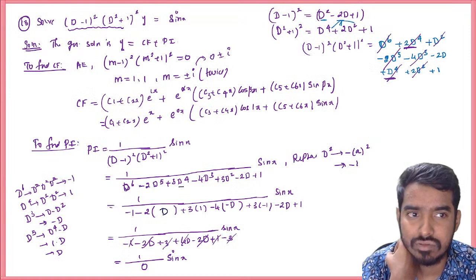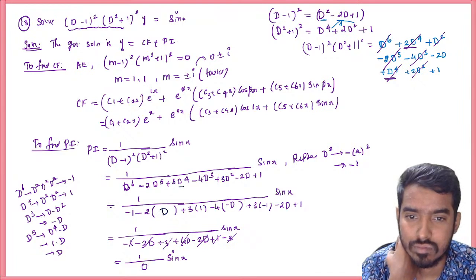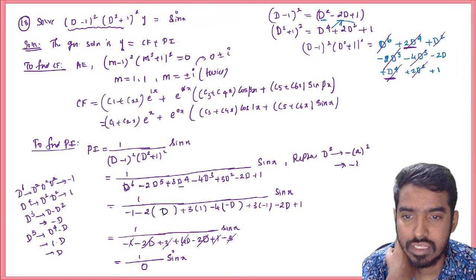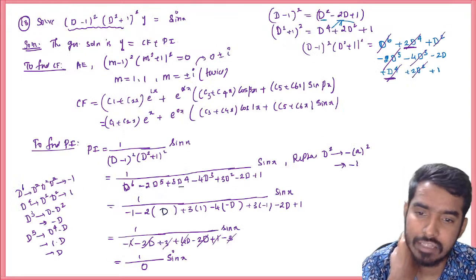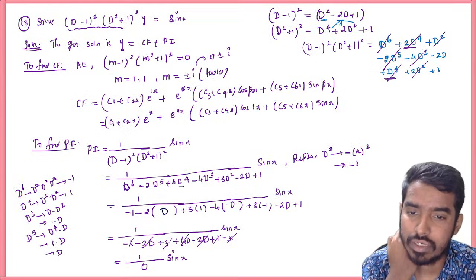D power 6 minus 2 d power 5 plus d power 4 plus 2 d square, 6d minus 2. Okay.